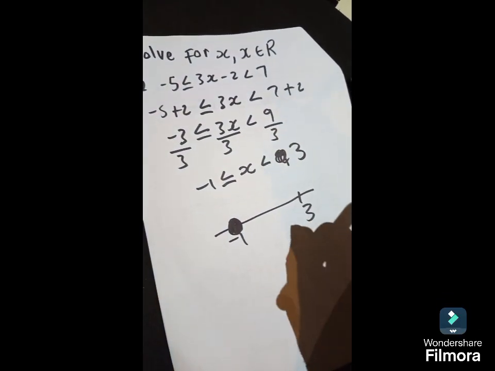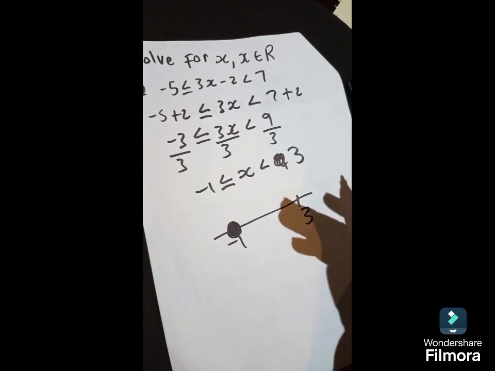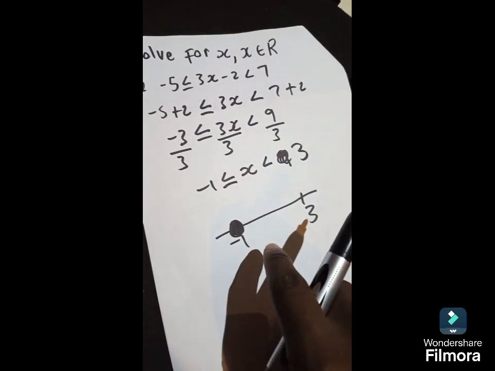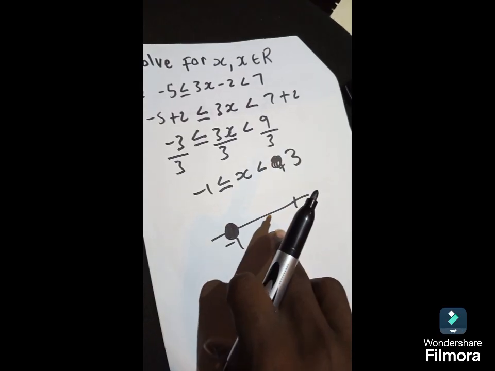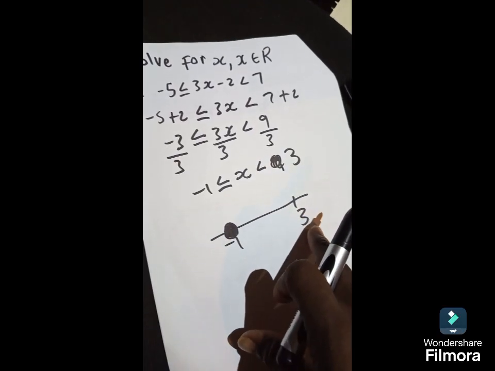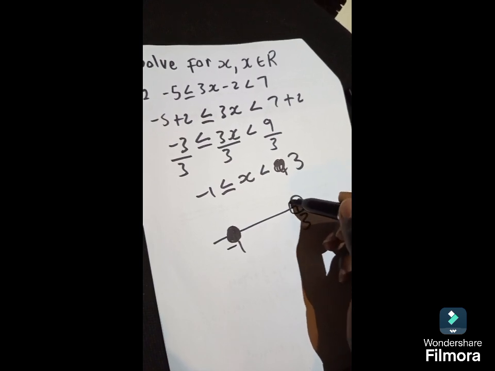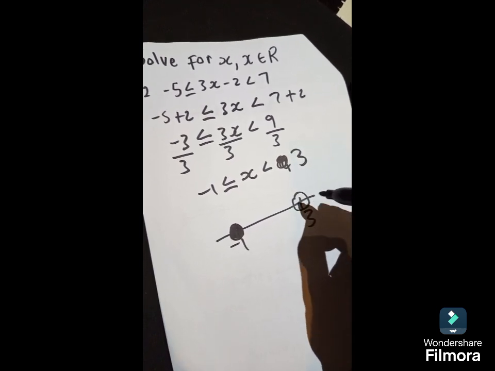Because you can see that x is ranging. So where does it lie? Where is that range? The range is from -1 all the way to not up to 3, but less than 3. So here you draw another circle, but you do not shade it because 3 is not included.